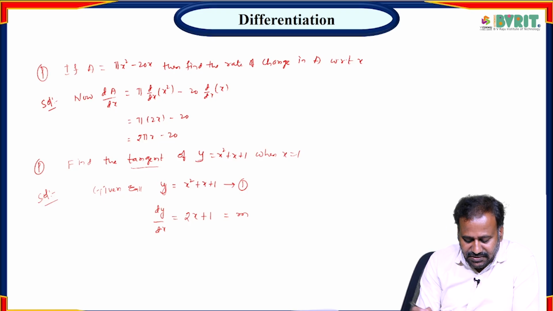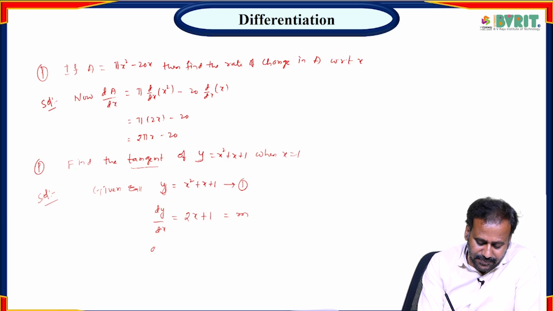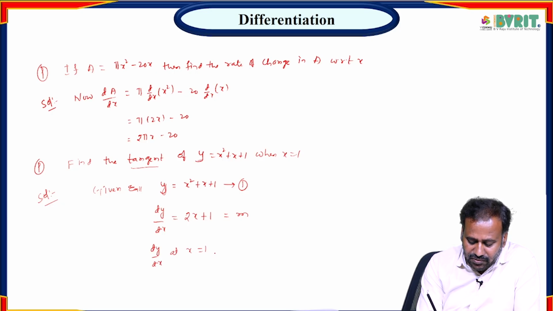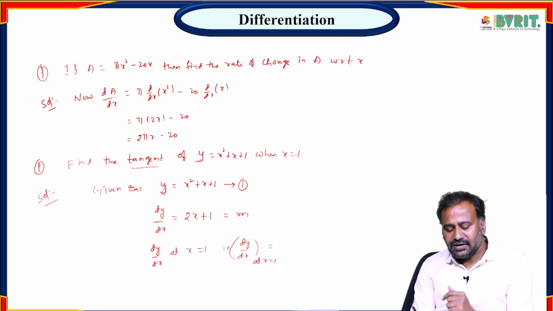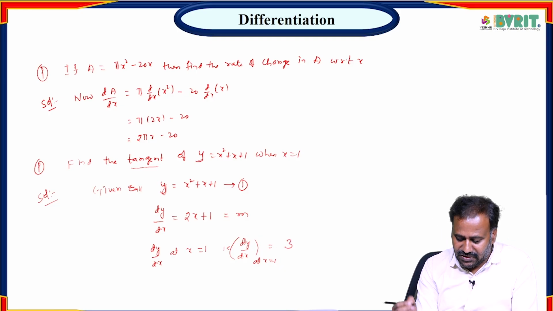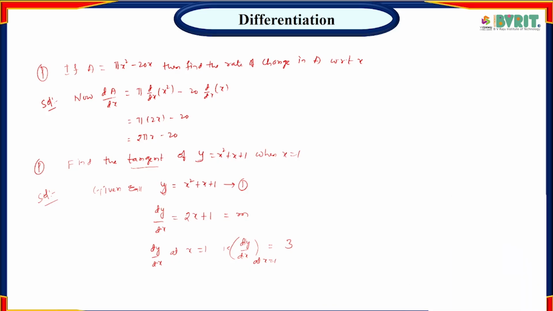Okay, next I am trying to calculate dy by dx value at x equal to 1. That is dy by dx at x is equal to 1. Now wherever x is there, write down 1 here, 2 1s are 2 plus 1, 3. Okay, now this is the slope value at x is equal to 1.